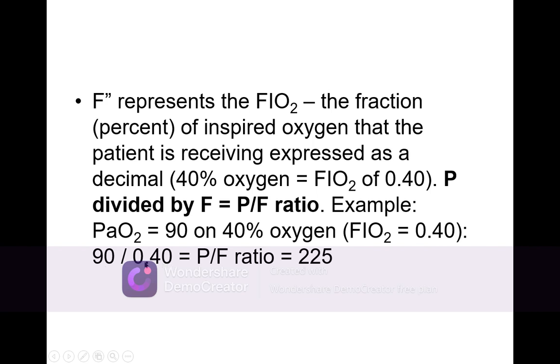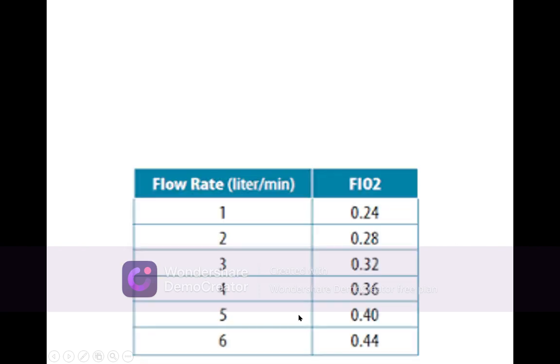So 90 divided by 0.40 is 225. The ratio is 225. The ratio varies in different diseases of the respiratory tract from 100 to 400. The ratio is very important; if you calculate it, you can understand the problems that are coming. Regarding flow rate in liters per minute, 1 liter per minute gives 0.24 FiO2, and so on with 2, 3, 4, 5, 6. Just divide the partial pressure of oxygen by the FiO2 and you can calculate the ratio.